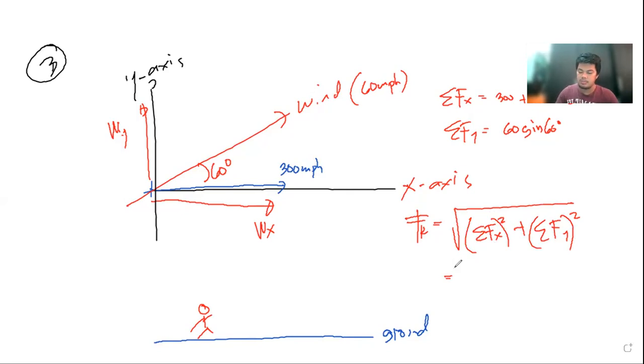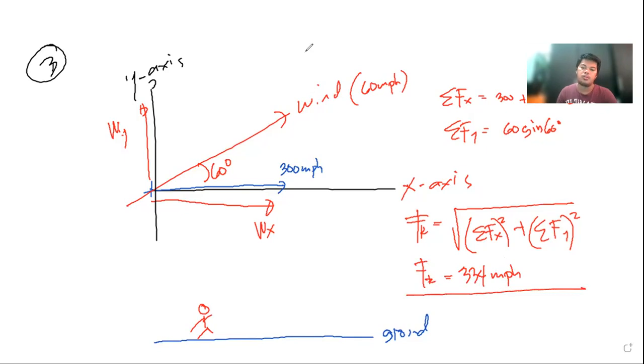Can we have your calculators? Then plus 60 sine of 60, and we take the square root of it, so the answer is 334 miles per hour.